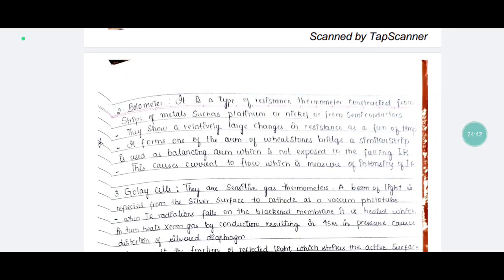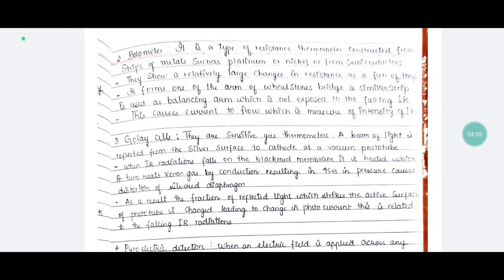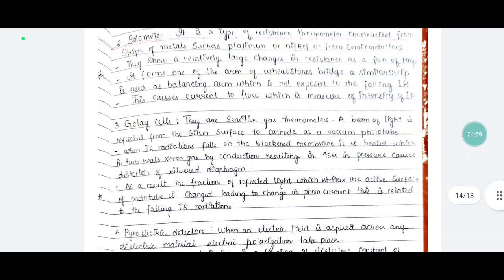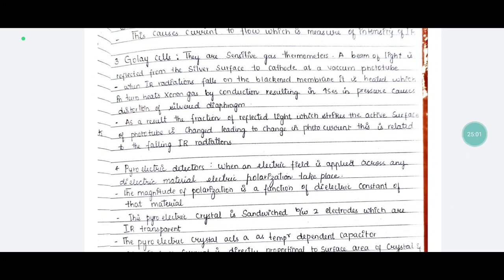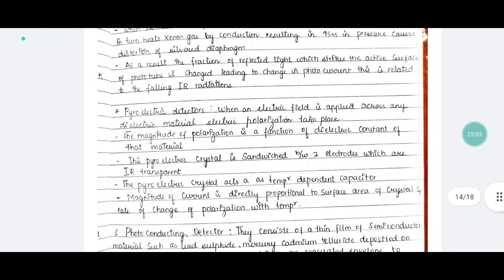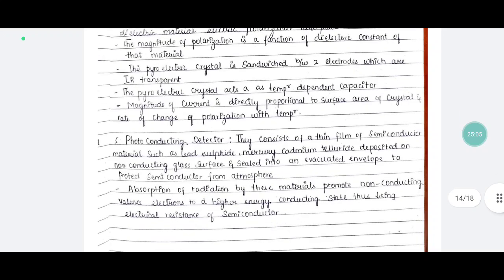It is a type of resistance thermometer constructed from metals such as platinum or nickel. Then Golay cells, they are sensitive gas thermometers, and pyroelectric detectors, photoconducting detectors.